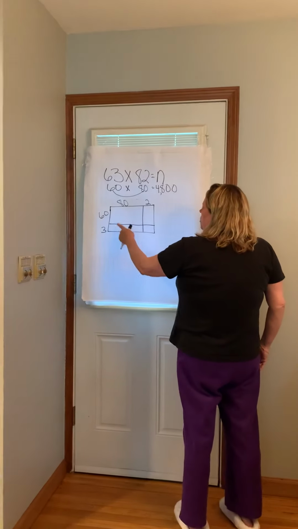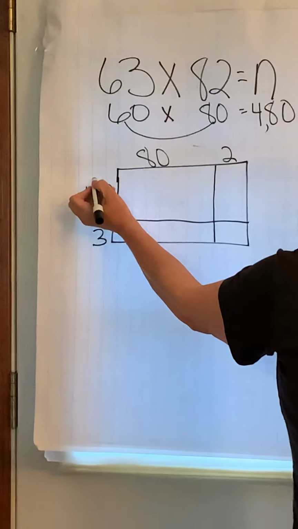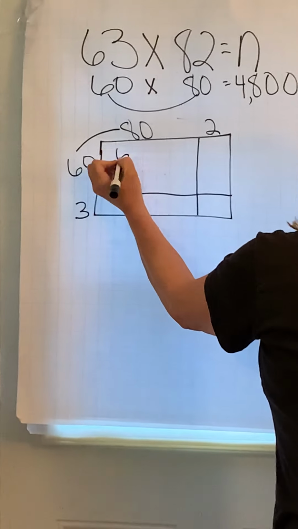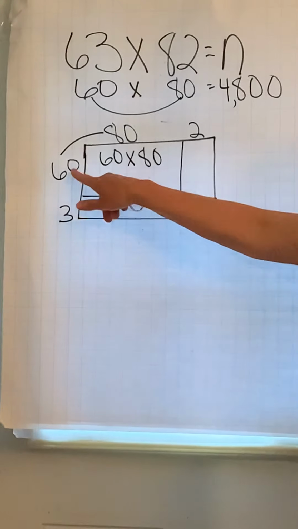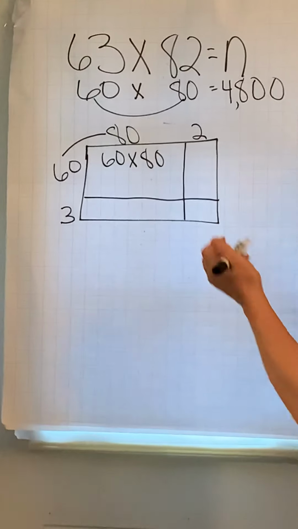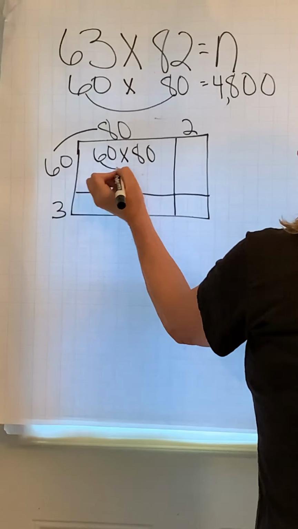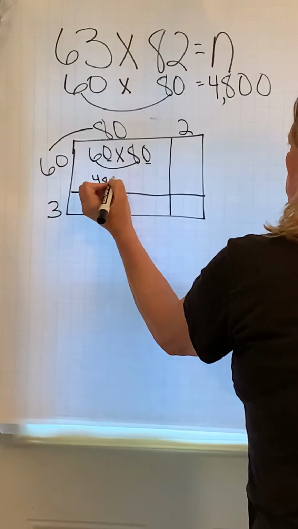Now we're going to put a multiplication problem in each box. So we're going to multiply the 60 times 80. I want you to notice the two biggest numbers are in the biggest box, or the biggest rectangle. Again, 6 times 8 is 48, and we place the 2 zeros.